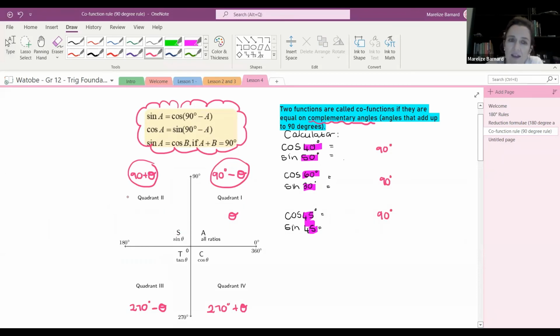You just have to apply it, but it basically comes from the little investigation you did with your calculator, where you saw that they are basically the same if the angles are complementary. So we can change sine to cos and cos to sine if we are working in the 90 minus theta quadrant and the 90 plus theta quadrant.